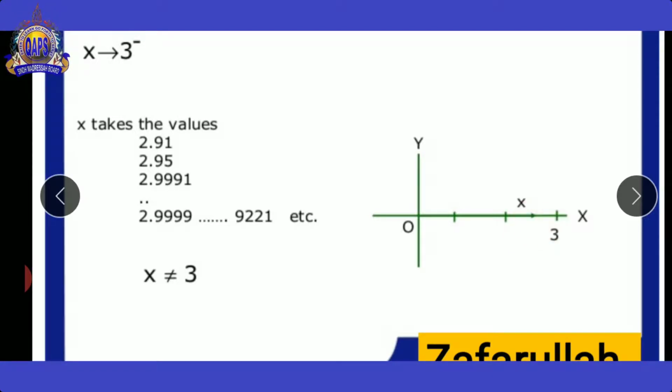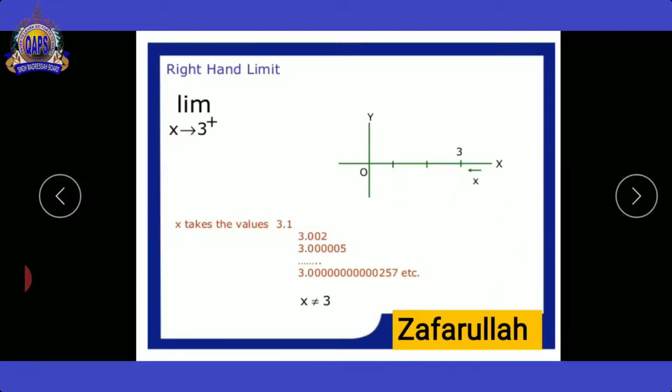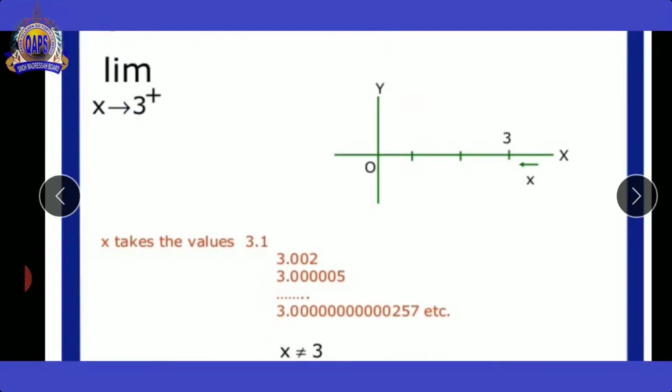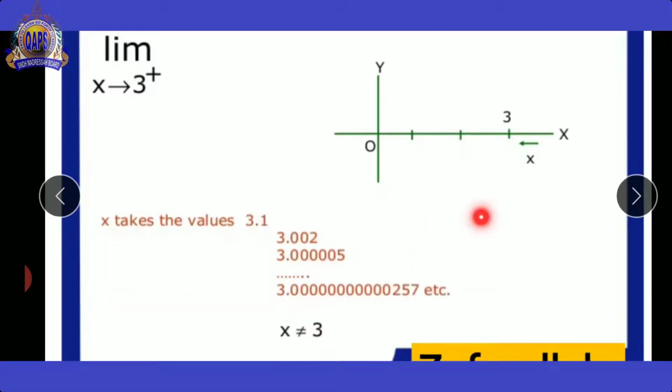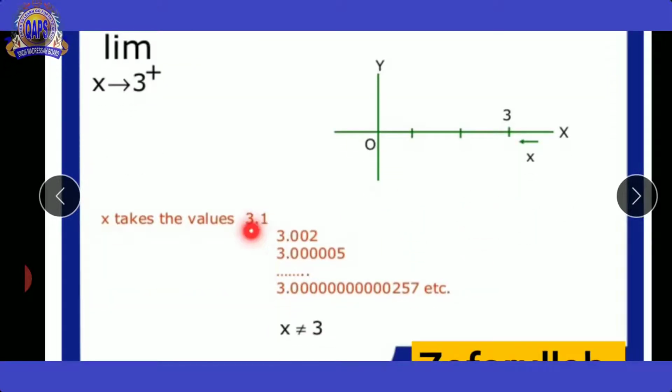Now in the right hand limit, when we put 3 positive, it shows that we approach from right to left, because all greater values are close to 3, and that's why we take the values 3.1, 3.002, 3.005, 3.00257.